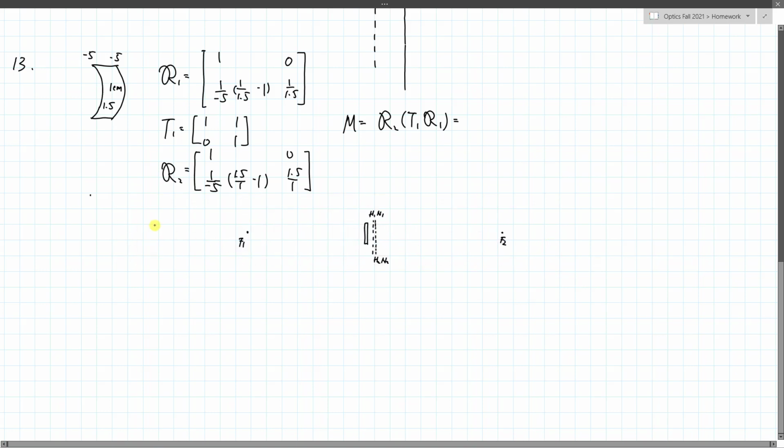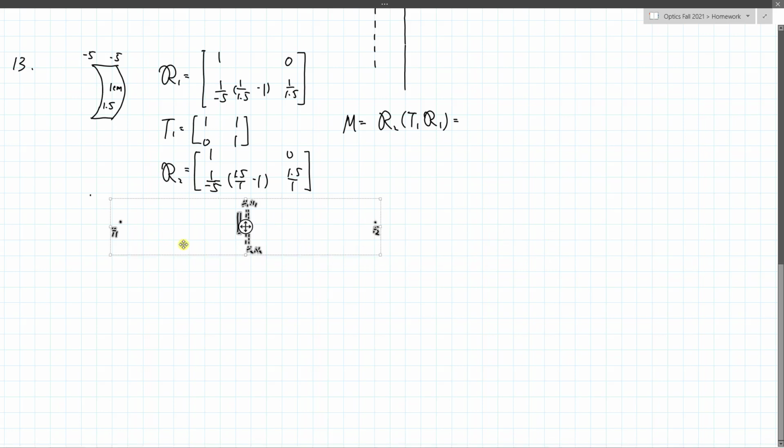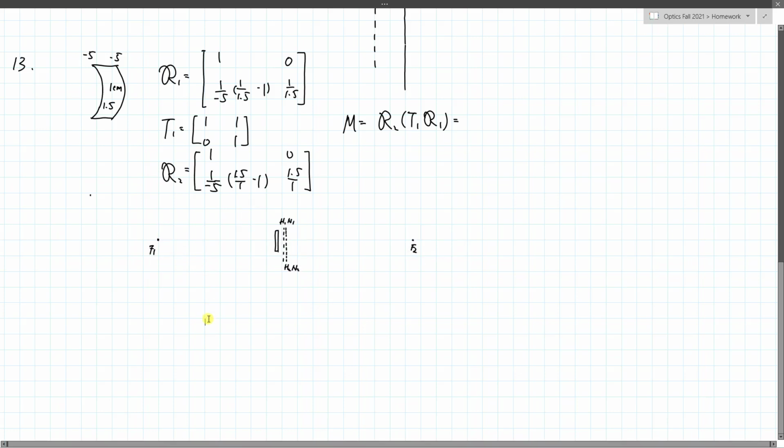So if I have an object, let's place everything on a grid. Okay, if I have an object somewhere over here, like this, I can just do a parallel line, right?